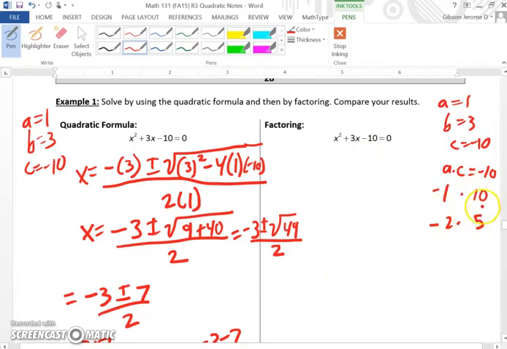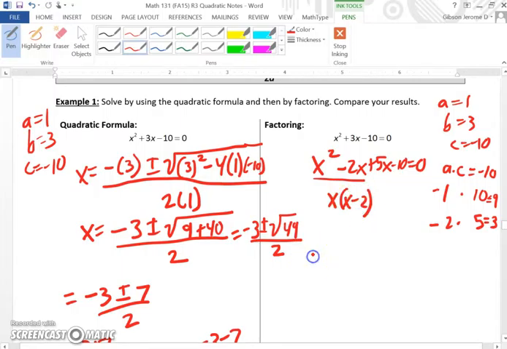Now when we add these values here, we will have 9, and then this would be 3. Since -2 and 5 gives us 3, that's what we would substitute in for 3x. So we have x squared minus 2x plus 5x minus 10 equals 0. We group the first 2 values, we can factor out x, and we'll have x minus 2.